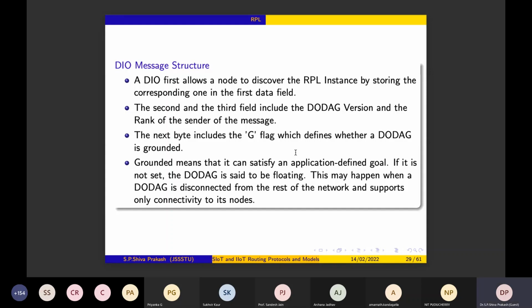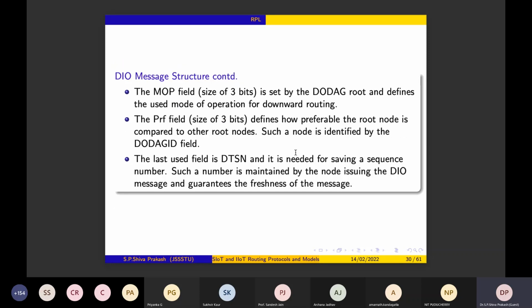Grounded means that it can satisfy an application defined goal if it is set. If not set, it is said to be floating. This may happen when the DODAG is disconnected from the rest of the network, and it also supports only connectivity to its nodes.